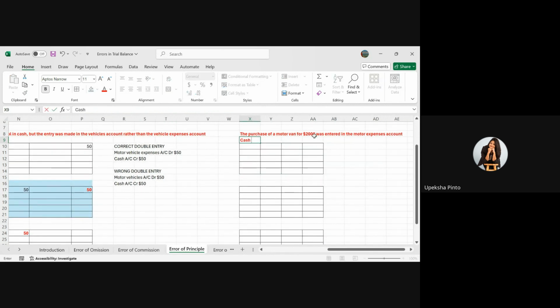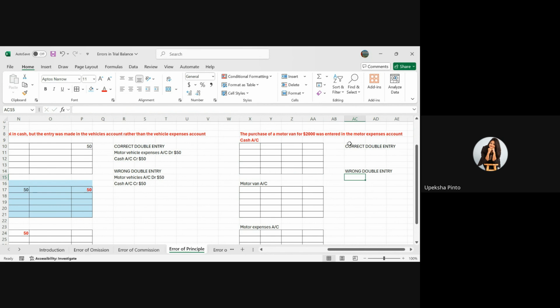So here also we have a cash account, then a motor van account, then a motor expenses account. We'll try to figure out what's the correct double entry and what's the wrong double entry. Correct double entry: you're purchasing a motor van for 2000.